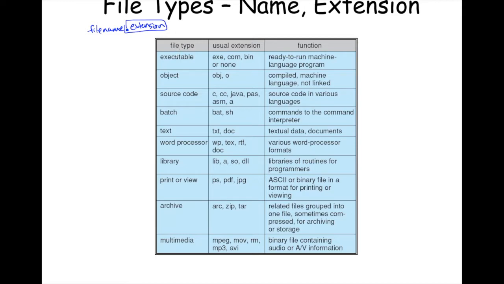For example, an executable file has a .exe, .com, .bin, or no extension. A .o or .obj is typically a compiled file, the result of compilation. Source code usually has an extension like .java, .c, .asm, source code for various types of languages. .bat and .sh are usually command line interpreter shell scripts.